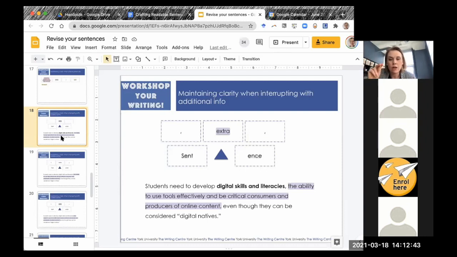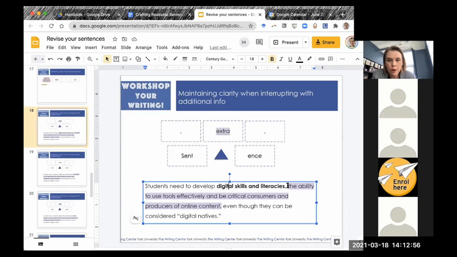The second thing that you need to know is you need to drop the additional information right after the thing that it's clarifying. So you can see that I put this right after digital skills and literacies because it's giving a definition of that. So it would make no sense for me to put this at the end of the sentence in a dash like this, like if I did this.